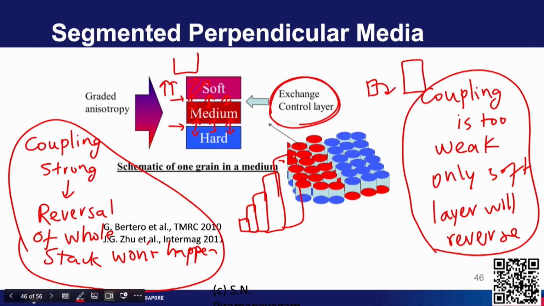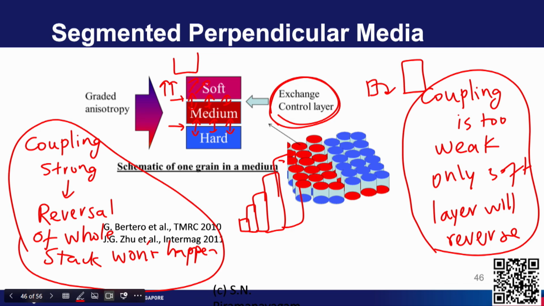So, we have some layers to control the exchange coupling, and because of all these designs, we can switch the recording media. Here I show you 5 layers. So, 3 ferromagnetic layers, 2 spacer layers, but we can have more layers.